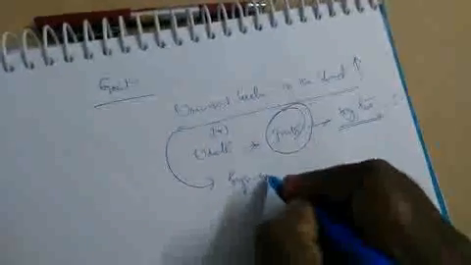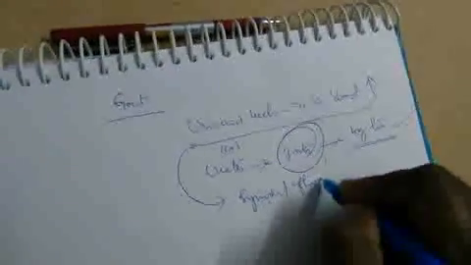This uric acid also accumulates in the synovial fluid. This synovial fluid is present in between the joints. Because of this excess uric acid, the accumulation of uric acid, or simply the urates, will take place at the joints. That condition is called gout.